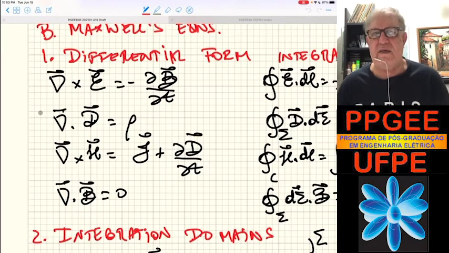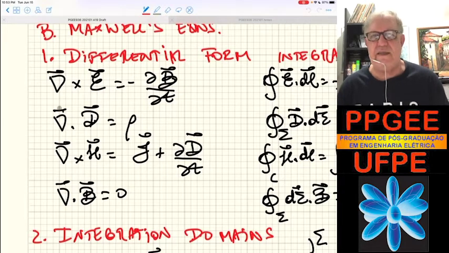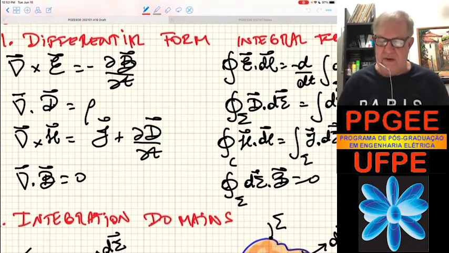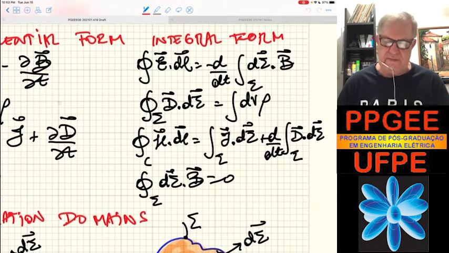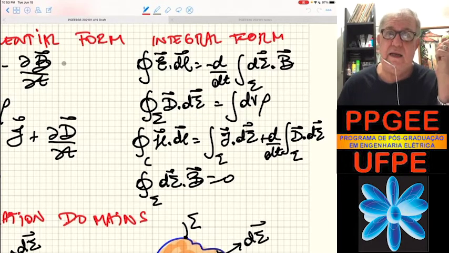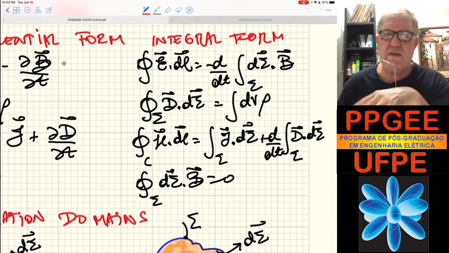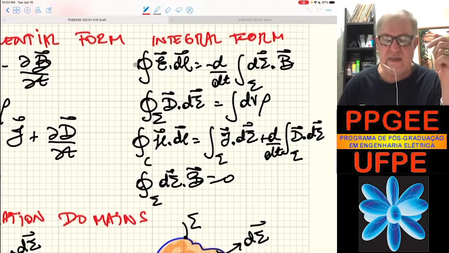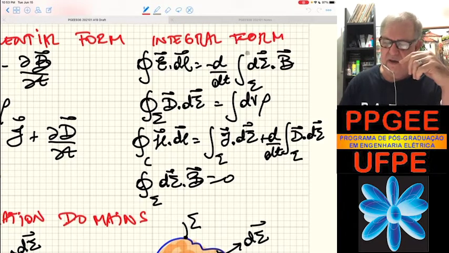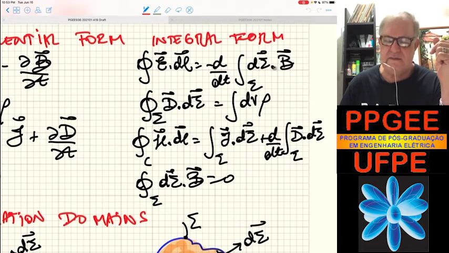As I mentioned earlier in this course, we can write down those equations on a T-shirt. Have a nice, beautiful T-shirt, right? 4 Maxwell's equations, and with integration using Stokes' theorem and Gauss's theorem, we can show easily that the circulation of E equals minus the total rate of change of the magnetic flux, right?